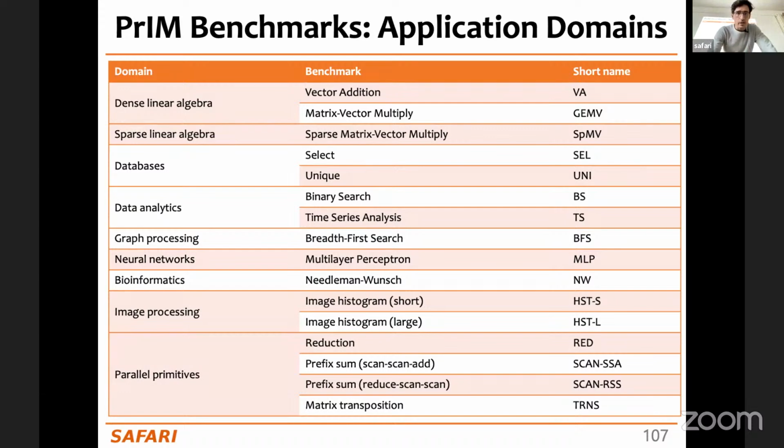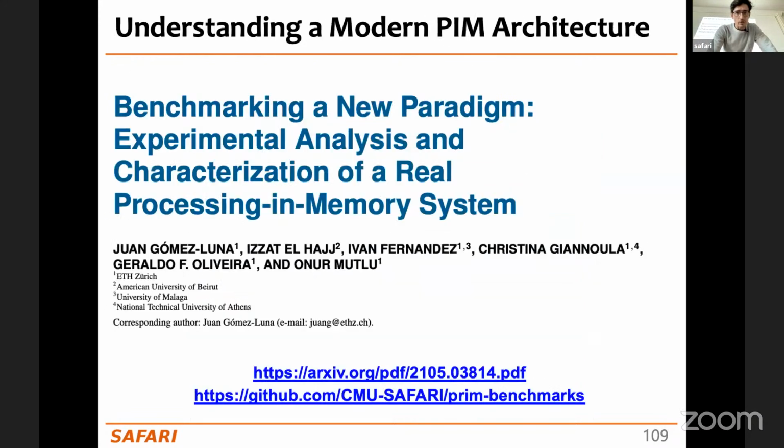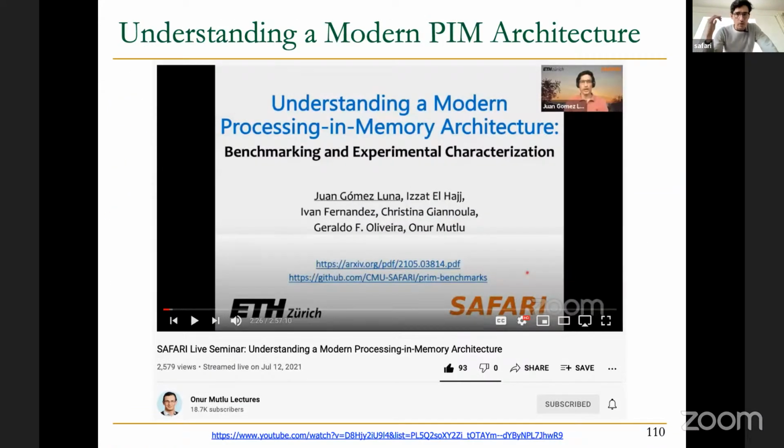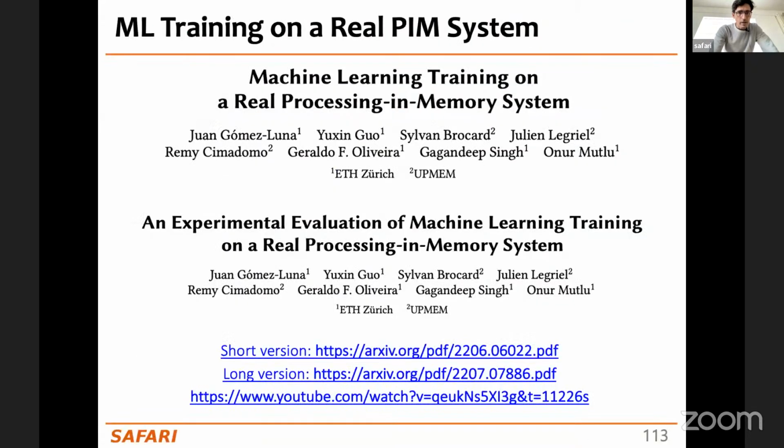They are called the PrIM benchmarks, and they are publicly available in our repository. And there are many more talks where you can learn more about this architecture, and the lectures in our processing-in-memory course, and the later works that came after the initial analysis of the architecture.